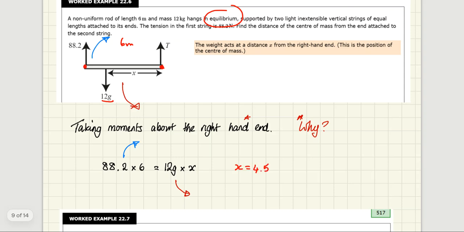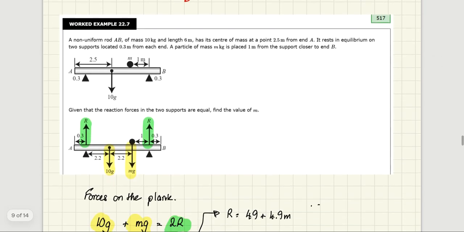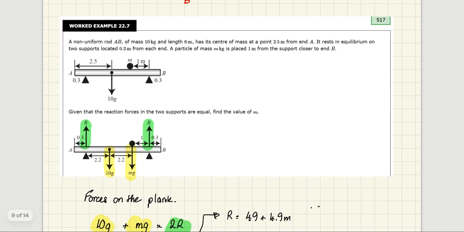All right, so the next one, you're going to look at it and go, that's a lot to look at. So we've got a non-uniform rod. So this weight is not in the center. The mass is 10 kilograms, so we've got 10g. Length is 6. It has a center of mass that is 2.5 meters from the end.